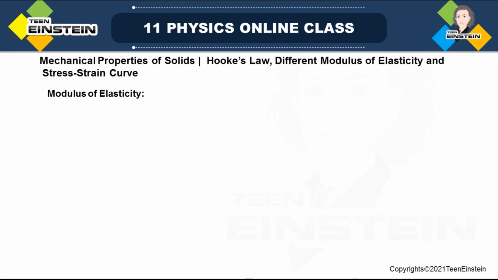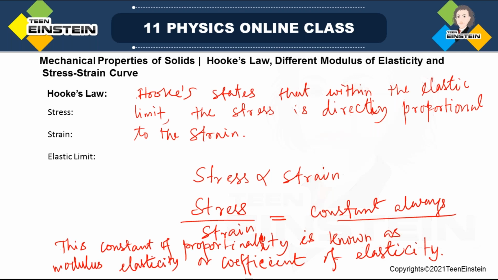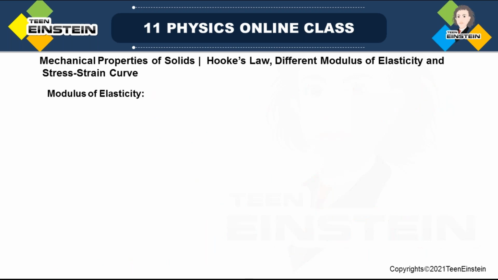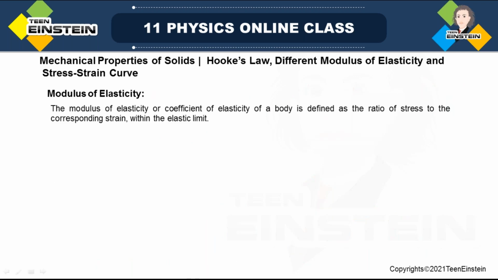Now we'll recap what is modulus of elasticity in terms of definition. Modulus of elasticity is defined as the ratio of stress to the corresponding strain within the elastic limit.